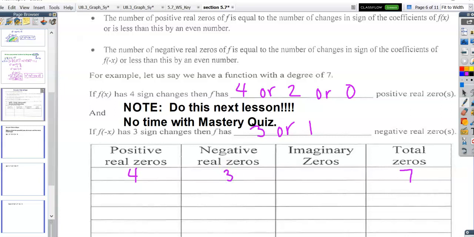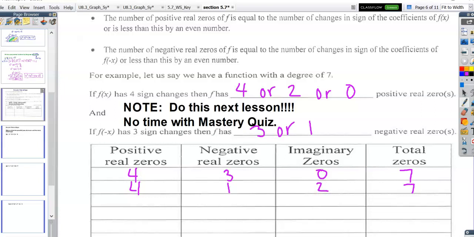If there are a total of 7 zeros, that means there are no imaginary zeros. But what if we had 4 positive zeros and then 1 negative zero? Then that means we have 4 plus 1, that's 5 zeros. We still have a total of 7, so we would need 2 imaginary zeros.